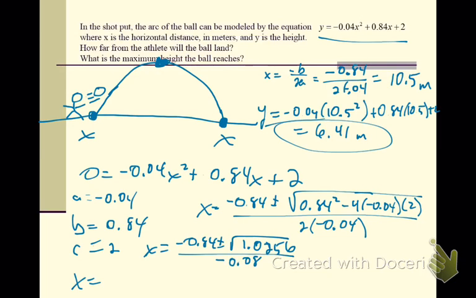And the rest of this is all going to be calculator work. So we got to take negative 0.84 plus the square root of 1.0256 and divide that by negative 0.08, and we get negative 2.159, and we've got to take negative 0.84 minus the square root of 1.0256 divided by negative 0.08, and we get 23.159.